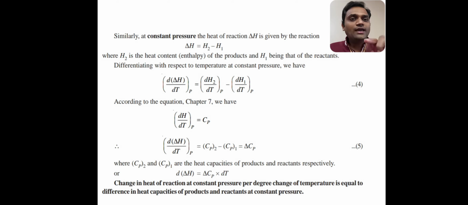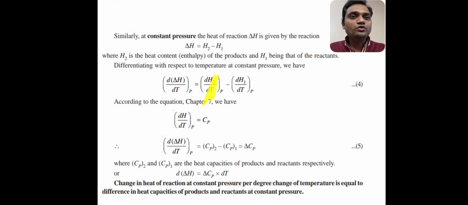Now again we have one relation which you have to remember: dH upon dT at constant pressure is equal to Cp. By using this, we can write equation 4 as d of delta H upon dT at constant pressure is equal to Cp2 minus Cp1.